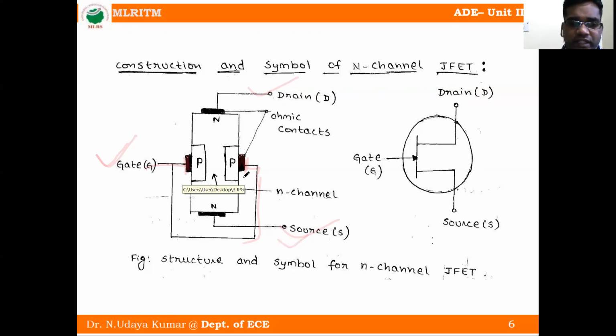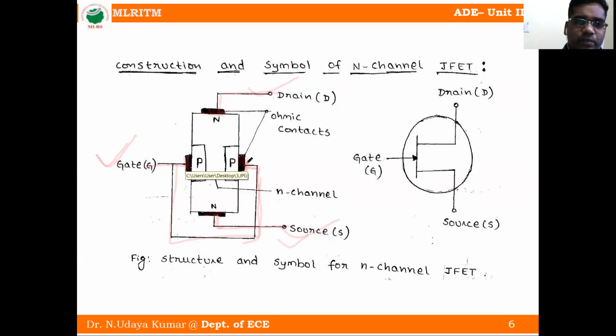Source is N-type material, and drain is also N-type material. I repeat, the gate is the same material, P-type, shorted from this line to this line on both sides. So the P-type material is the gate terminal.